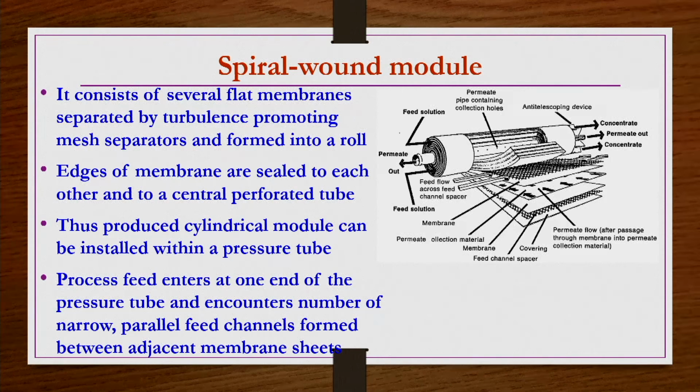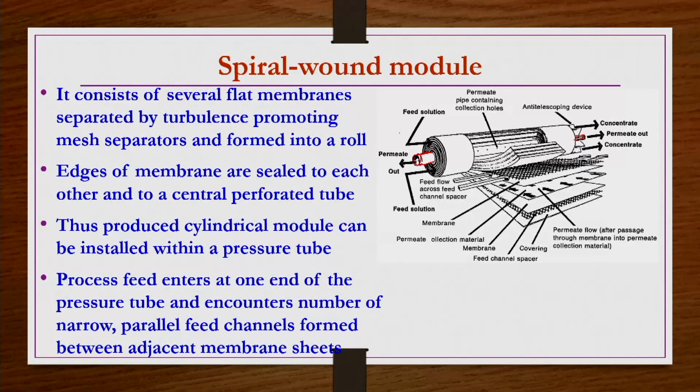What we have here is n number of membranes, and of course there is a perforated tube at the center. Onto this tube, the n number of membranes are rolled.